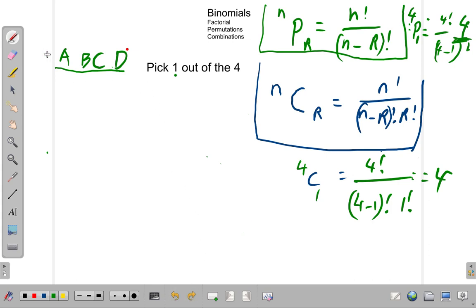Let's see what those things are. You choose one letter out of the 4. You can choose A first. Good. The other choice you could make is B or C or D. These are 4 arrangements where the order matters. But there are also 4 arrangements where the order doesn't matter, because there's only 1 letter there.